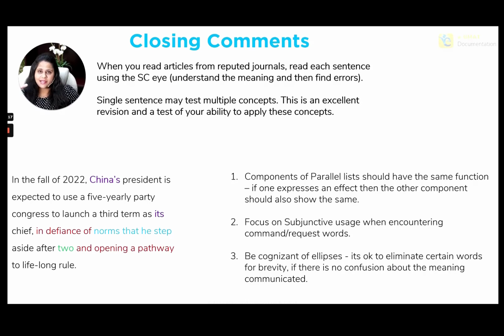So that was the opportunity, and I want you all to grab such opportunities so that you can continue to enhance your GMAT sentence correction skills, which would help you out with general comprehension skills that are required for all of verbal. Okay, so these are the concepts that we looked at in this single sentence, and I want you to take the learnings of looking at every sentence that you read in these reputed journals with the SCI. On that note, happy learning.